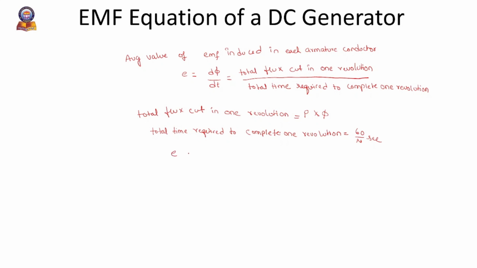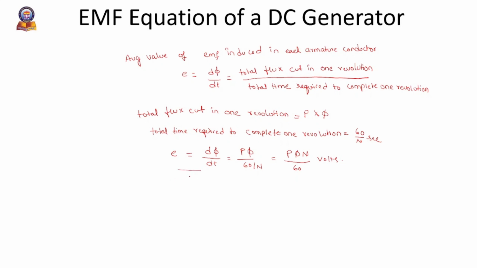So the value of EMF induced is d psi by dt, which is equal to P psi by 60 by N, which is equal to P psi N by 60 volts. So this is the EMF induced in one conductor.